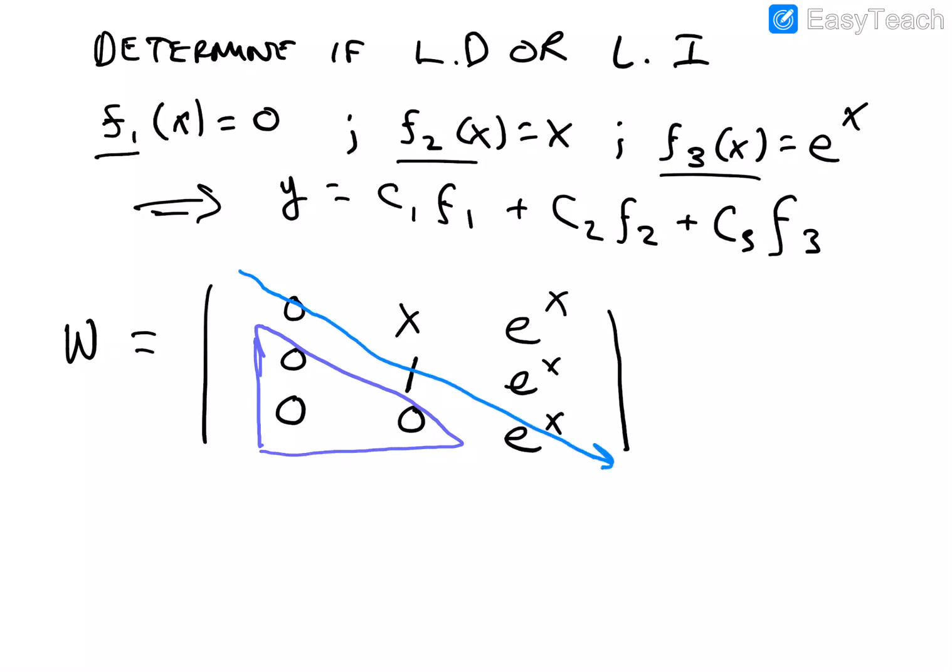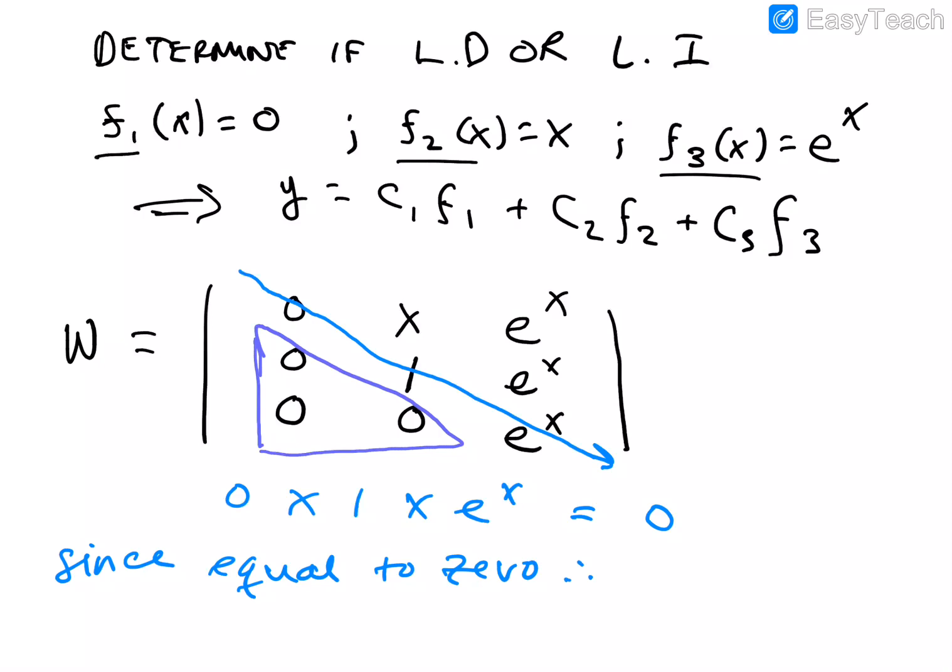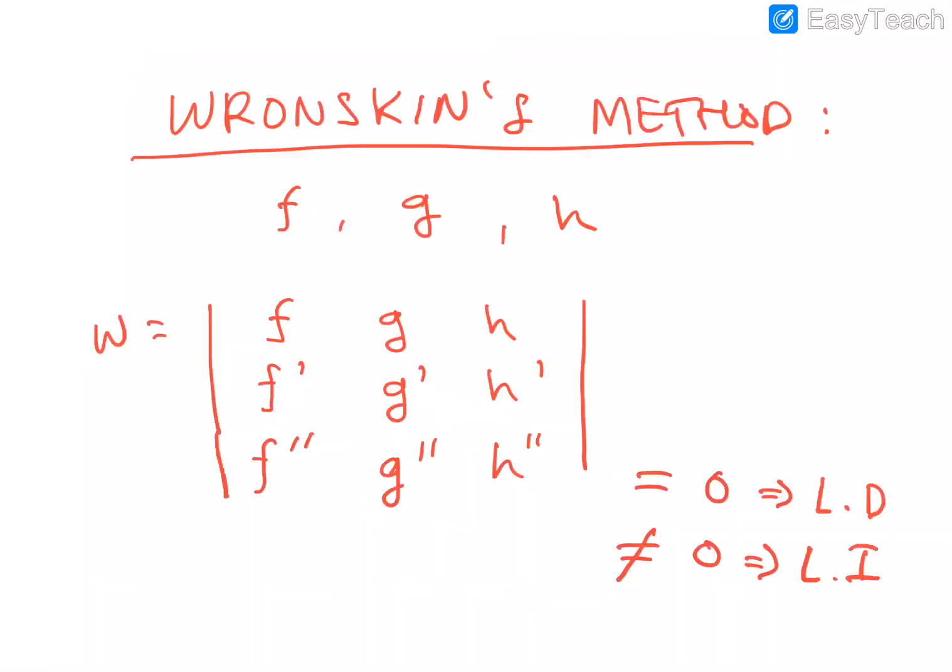So if you multiply 0 times 1 times e to the x, that's going to equal 0. So since that equals 0, this implies, or therefore, it's linearly dependent, like we said before. If it equals 0, it's linearly dependent. If it does not equal 0, if it equals anything else, then it'll be linearly independent.